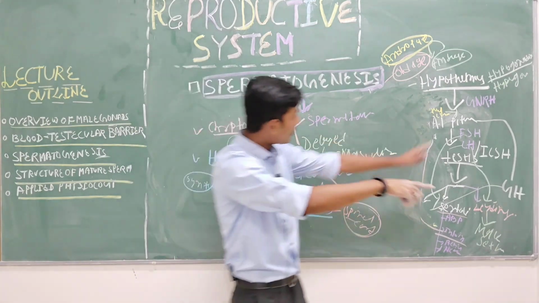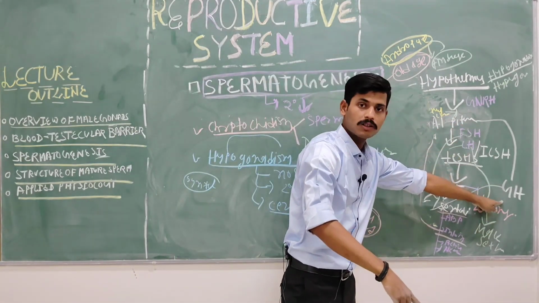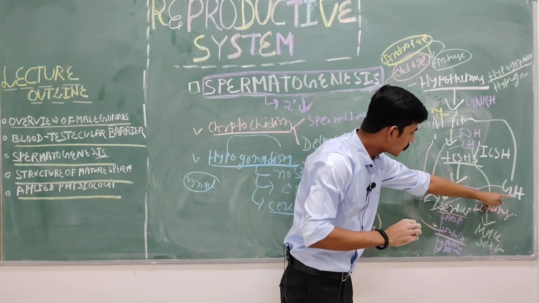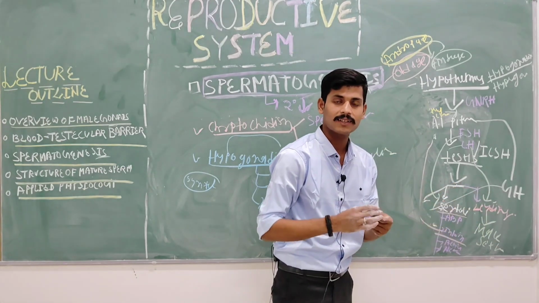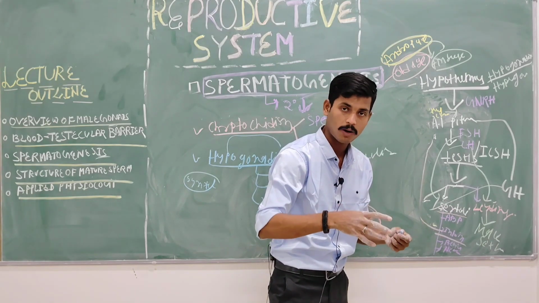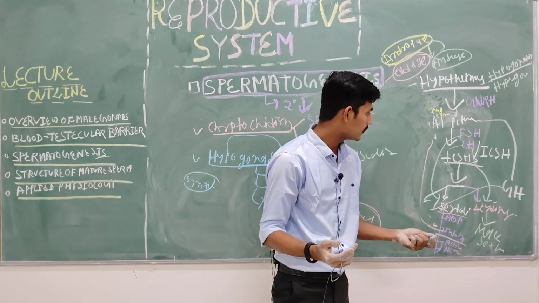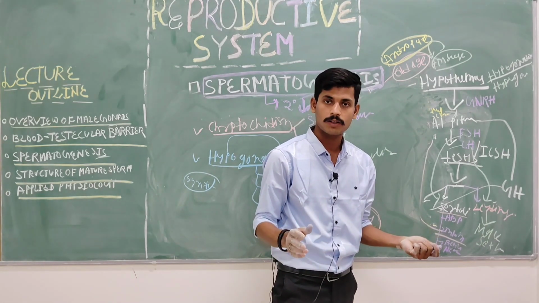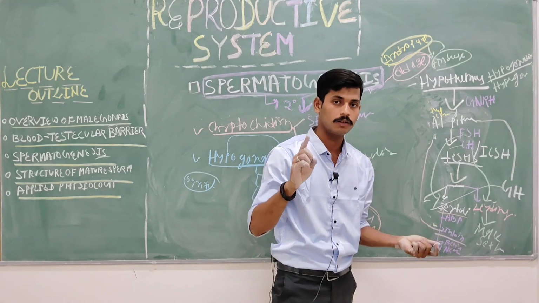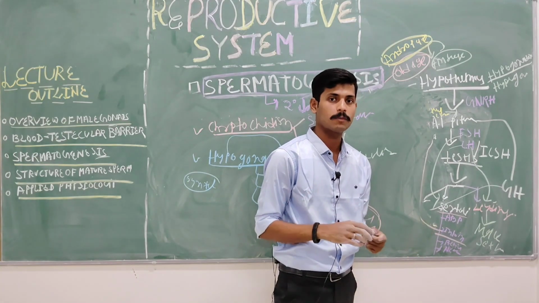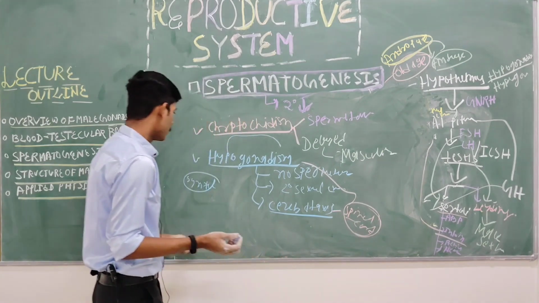As I said, apart from the gonadotrophin hormone, the growth hormone is also involved. If growth hormone is secreted in a lesser amount, as in pituitary dwarfism, then there will also be less sperm production. So pituitary dwarfism patients also have a low sperm count or no sperm count.